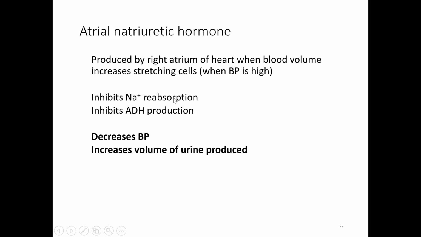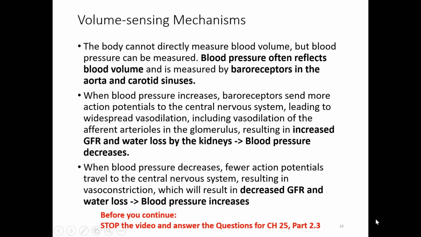It inhibits reabsorption of sodium and inhibits antidiuretic hormone production. In the absence of antidiuretic hormone, the volume of urine increases. The body starts losing more water. That decreases blood pressure. It makes it easier for the heart to function.